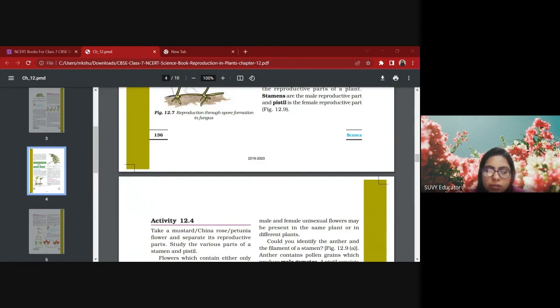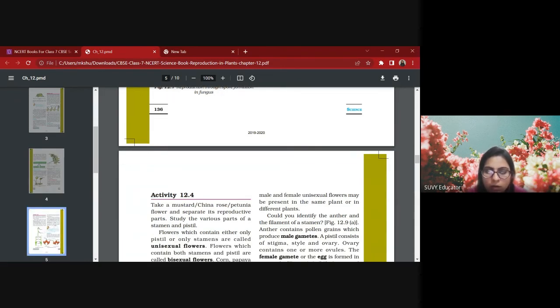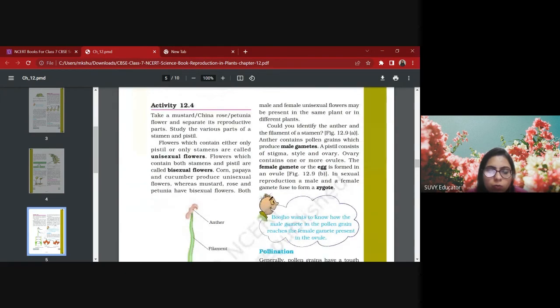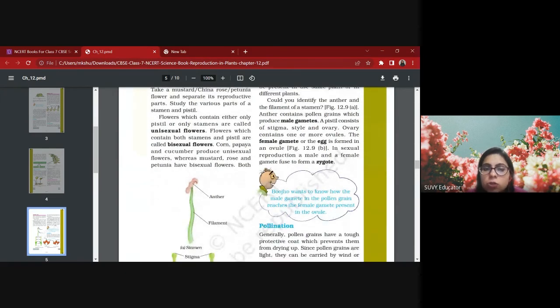Okay. Pistil is divided into three, that is stigma, style, and last is ovary. Okay. Now what will happen? Now the flowers can be of two different types, unisexual and bisexual.